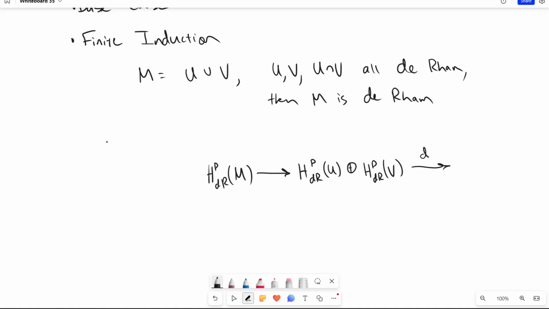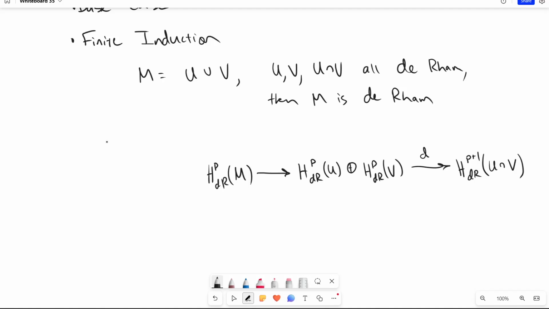I'm going to denote it d, and this goes to H^(p+1)_dR of U intersect V. This is just expressing that when you have these two differential forms on these open sets, on their intersection, this comes from a difference.